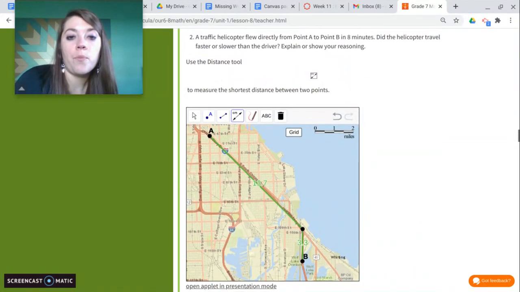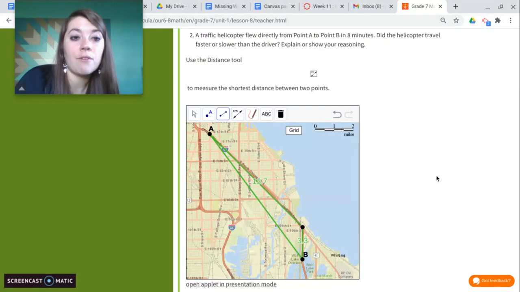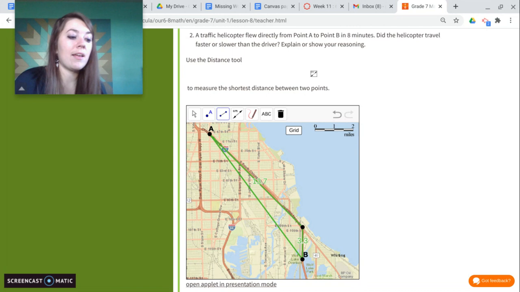Alrighty. So for the next part, a traffic helicopter flew directly from point A to point B in 8 minutes. Did the helicopter travel faster or slower than the driver? Explain. So if we're going from here to here, now notice, the helicopter doesn't have to follow the roads. The helicopter gets to fly in a nice straight line.